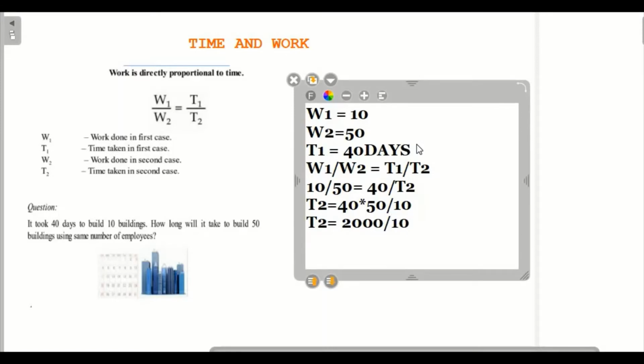So the time to complete the second task is 200 days.